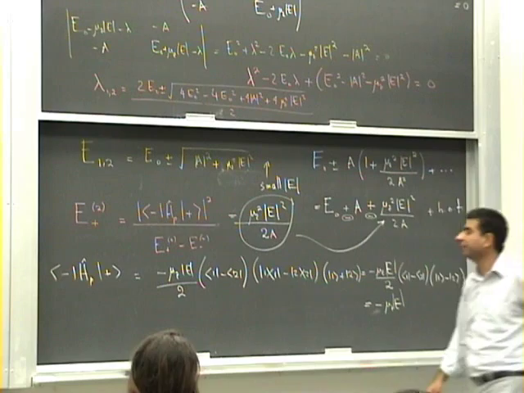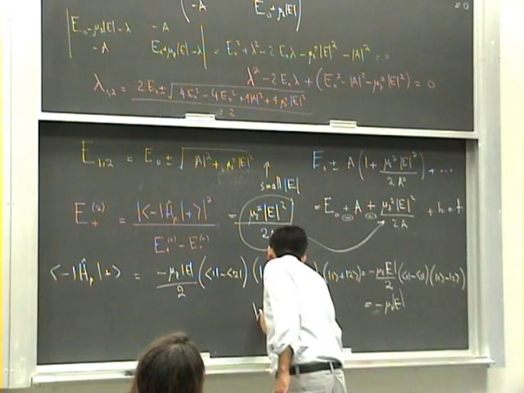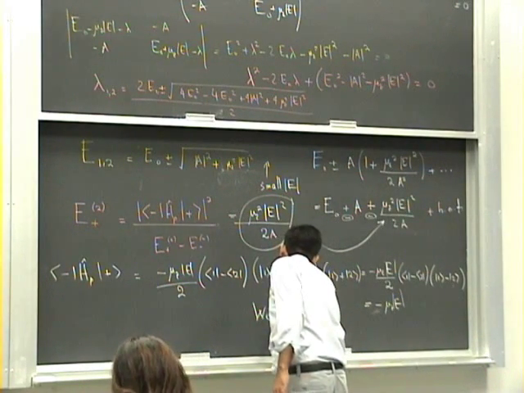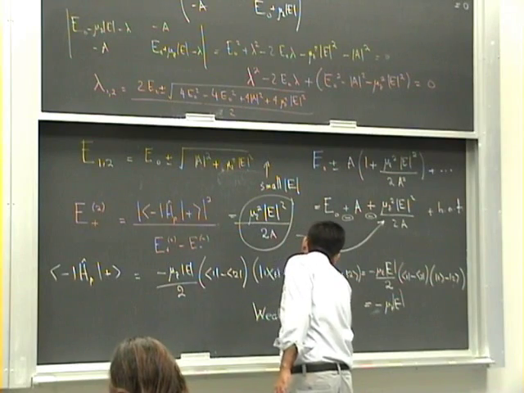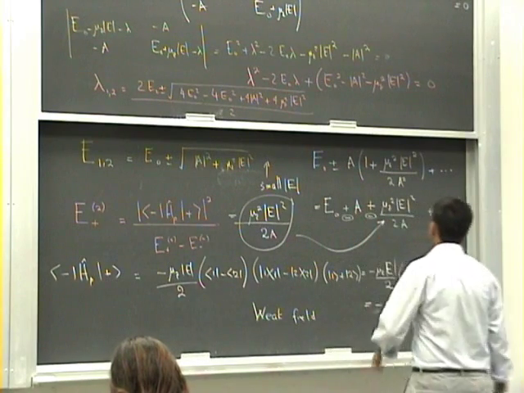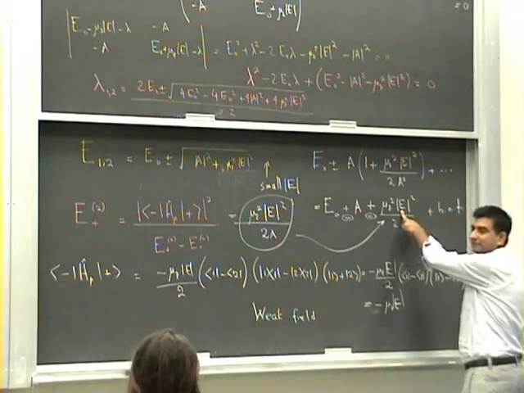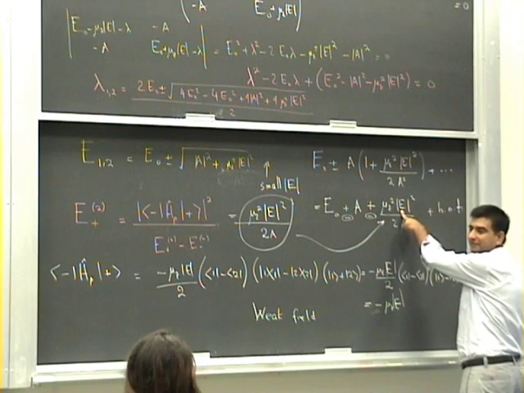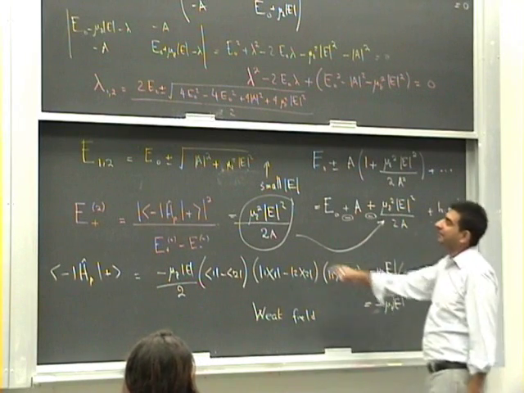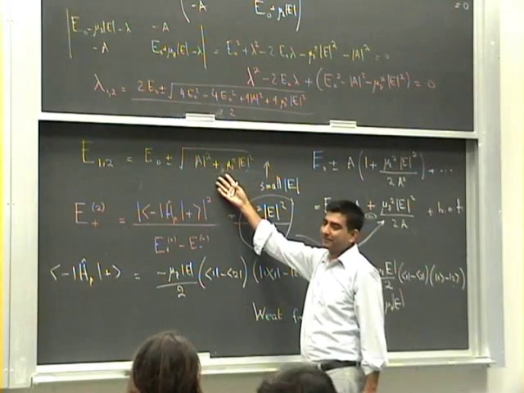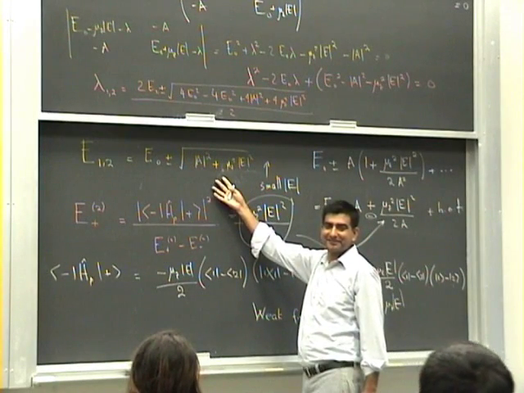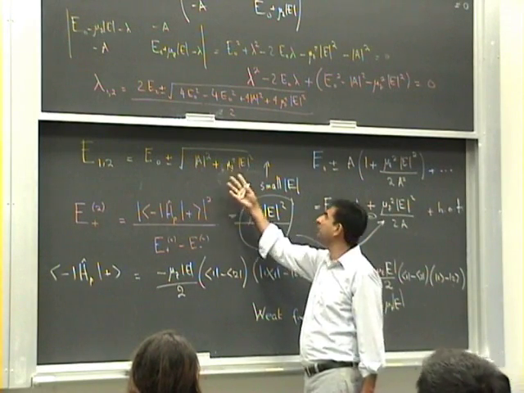So what we considered here is the weak field case. In the weak field case, the dependence on the applied electric field is quadratic in the weak field. Now this result is valid whether the electric field is weak or is strong. What do weak and strong mean?